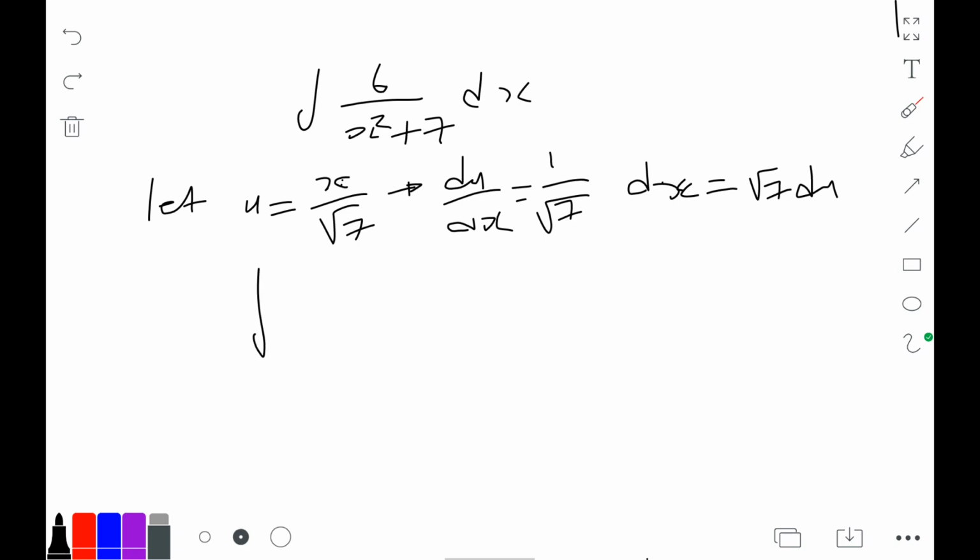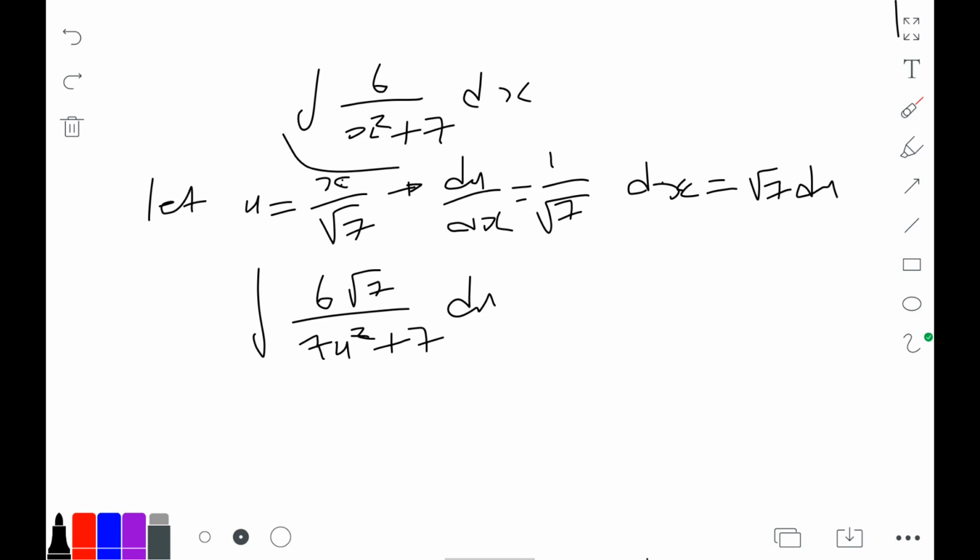When we substitute this, it's going to give us 6 square root of 7 over 7, because of this x here. Remember, x is that. It's going to give us 7 u squared plus 7 du.